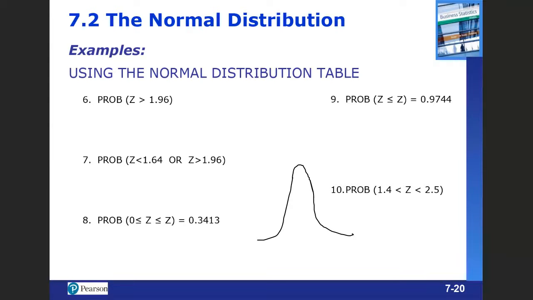I draw my curve, and I'm going to exaggerate it a bit here, saying this is 1.4, and this is 2.5. I'm supposed to find the area between the two. What should I do, Tyrese?